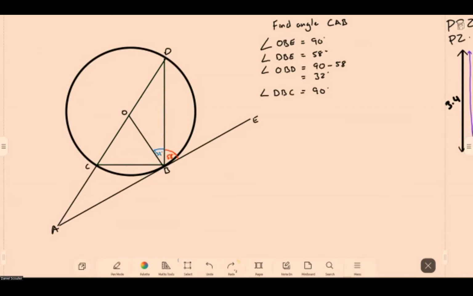So angle DBC, you could also call it CBD, is 90 degrees. That means angle OBC is equal to 90 minus 32, which is 58 degrees.